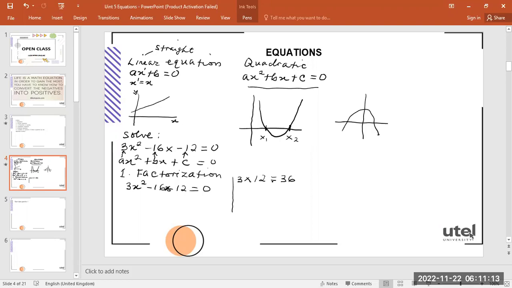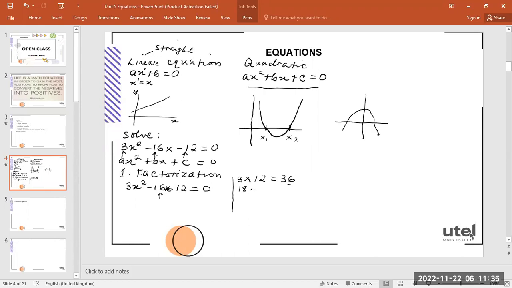The next thing is I'm going to think of two numbers such that when I multiply them, they give me 36, and when I add or subtract them, they give me the middle number.